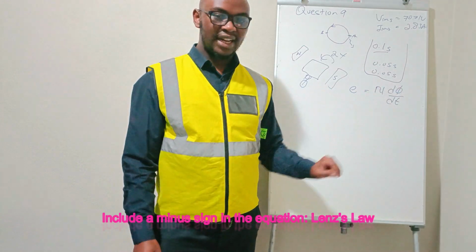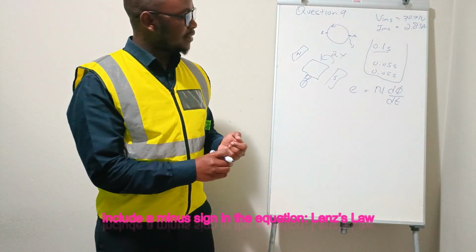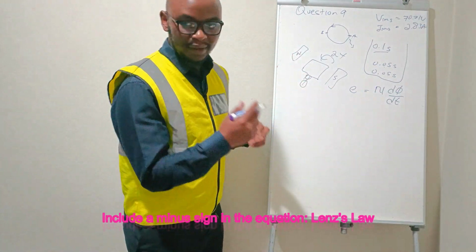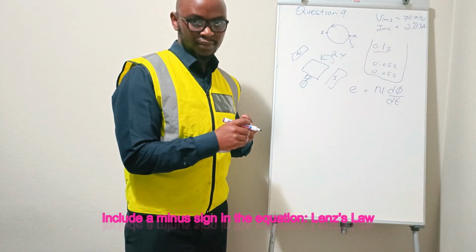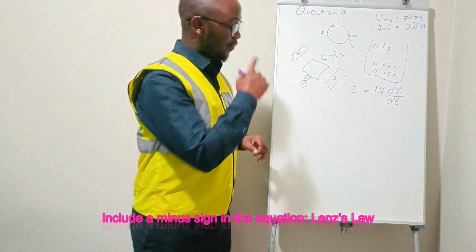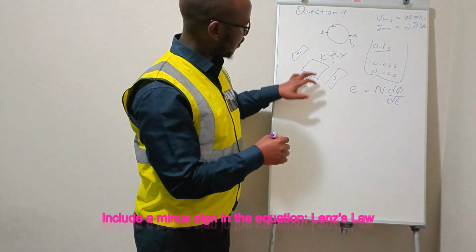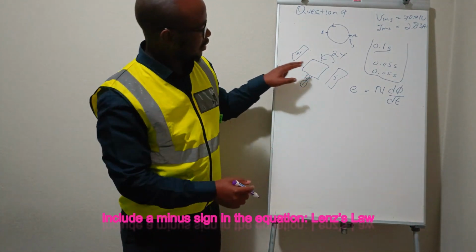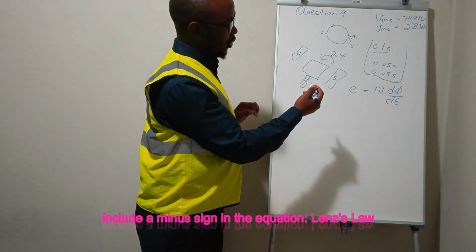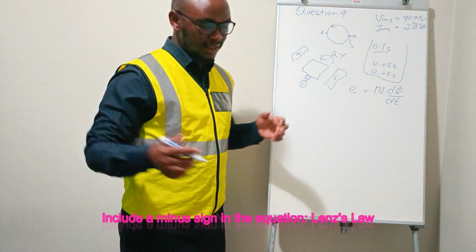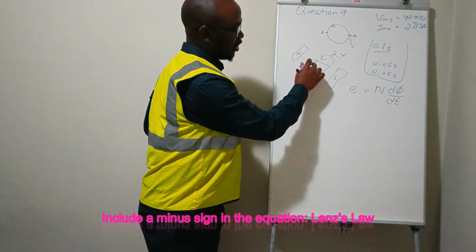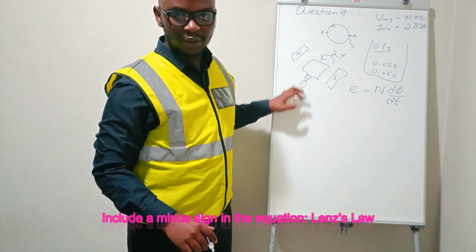So what is flux? Flux is related to the magnetic field, and basically if we didn't have any magnetic field, we were not going to be inducing anything on this coil.